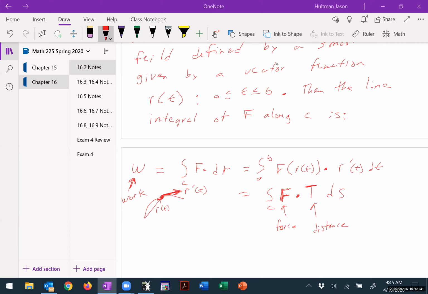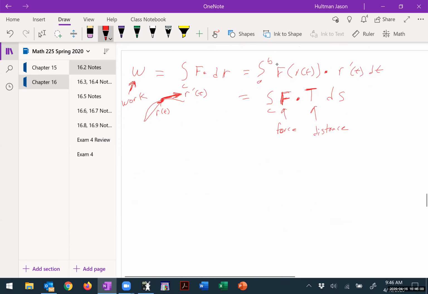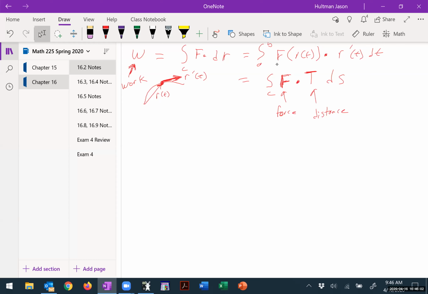So we can find the work done by pushing a particle through a medium over a pathway. And that pathway doesn't have to be linear in this case. That pathway can be curved. So this is how we get the work done over a curved pathway in something called a force field.